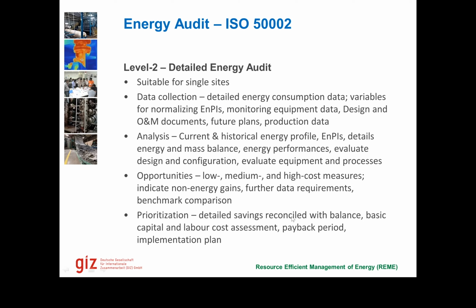Prioritization needs to be done based on detailed savings that need to be reconciled with the energy balance. So if we say that we have a saving of, let's say, $10,000, then we also have to see the energy balance. So, a funny story: there was an energy auditor who went to a factory.